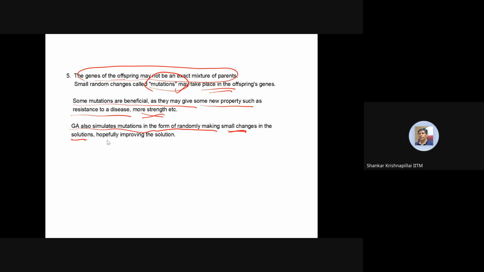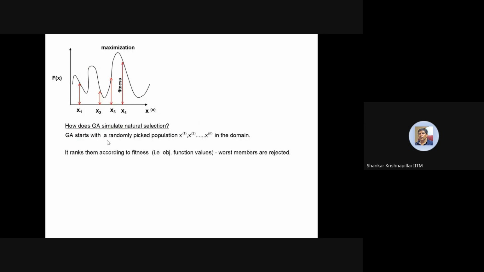How mutation, crossover and ranking are all done, we'll see in the coming slides. Basically, genetic algorithm imitates survival of the fittest in nature. In this lecture, we look at genetic algorithm for maximization only. How to do minimization, I'll explain later.